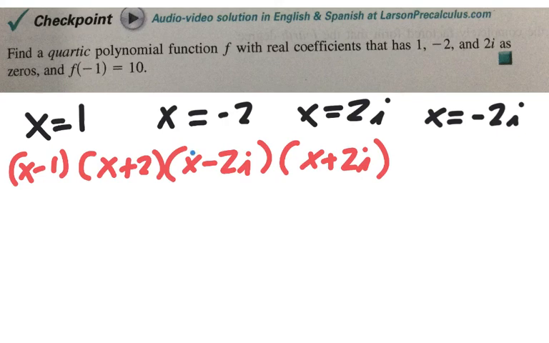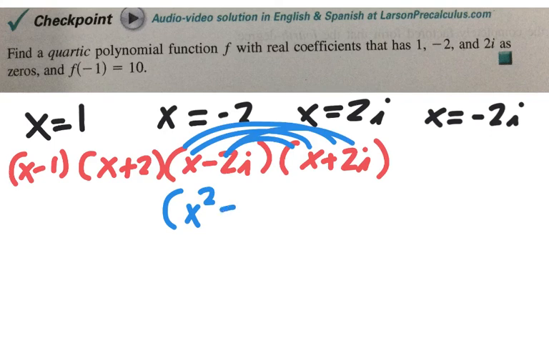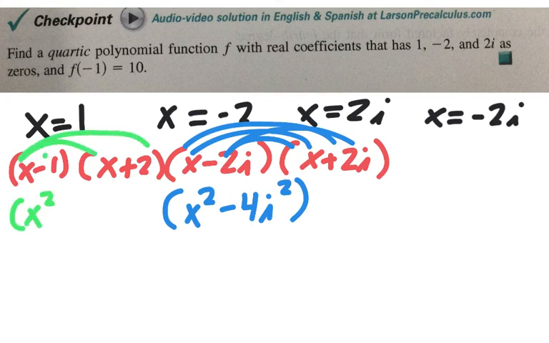Then distribute. And then we're getting rid of the i squared.